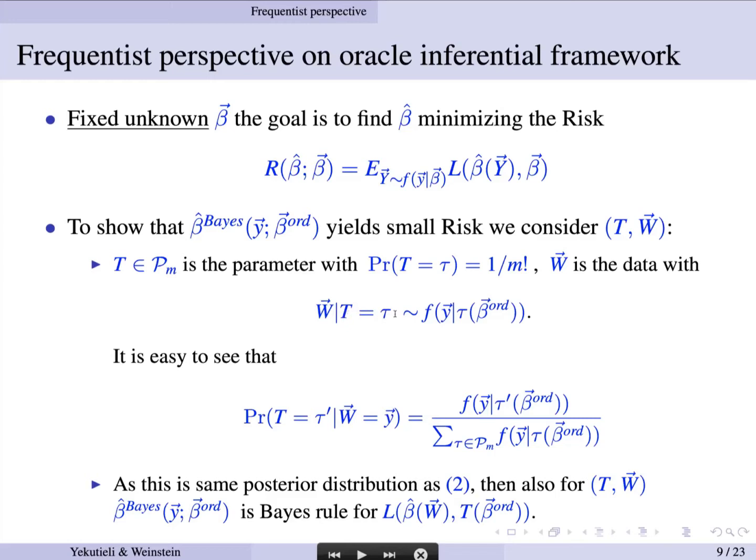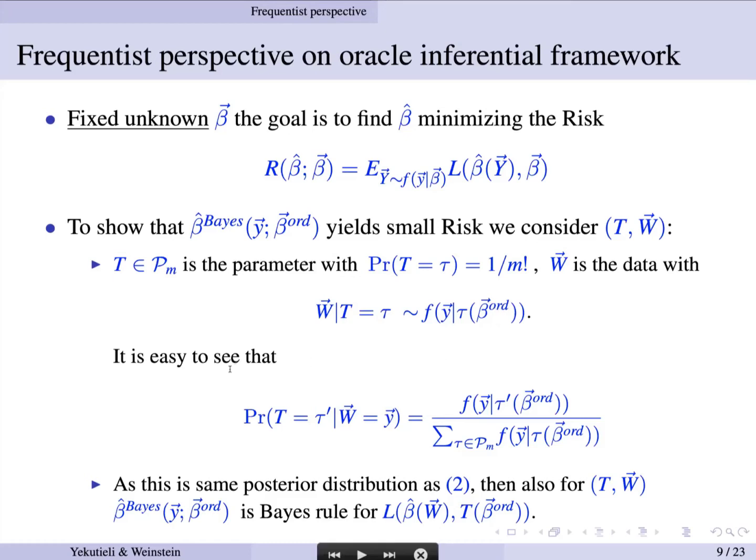If T equals tau, then I sample W from this likelihood, the data distribution given that my parameter vector is this particular permutation of beta ORD. So in this model, I'm modeling what the Bayesian problem looks like if I know beta ORD. It's not the original Bayesian problem, it's a different Bayesian problem.